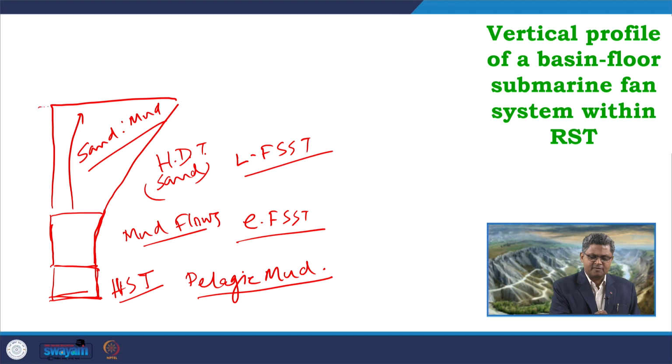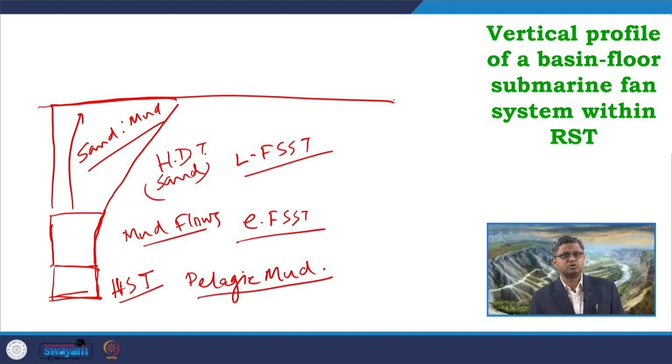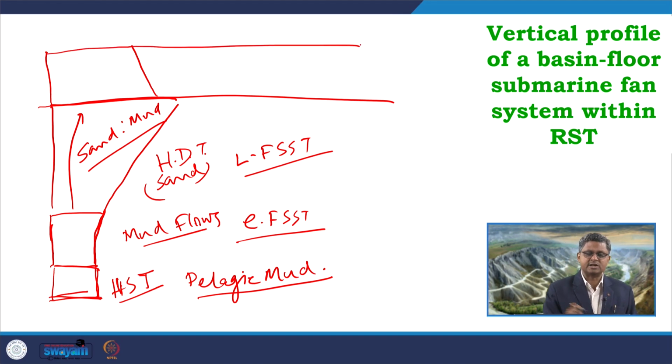From this surface onward, which marks the end of the forced regression and the start of the normal regression, we get a changeover in terms of the gravity flow, and it starts with low density turbidites. As we know, during the LST we get successive low density turbidites.